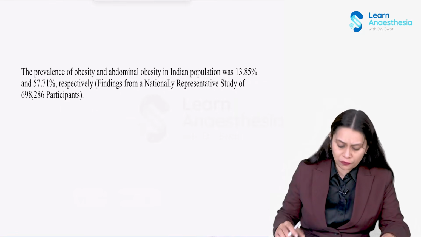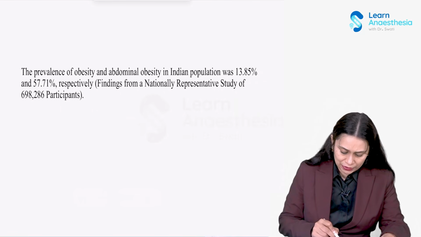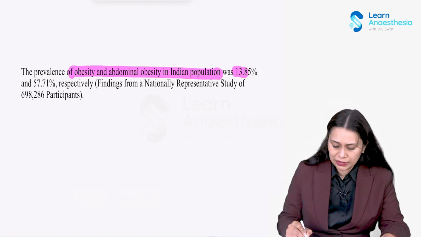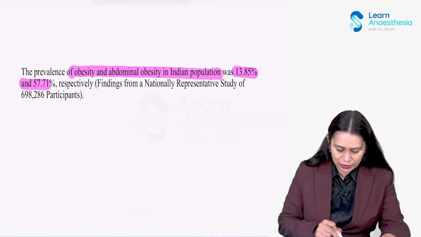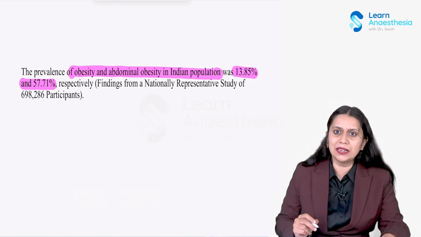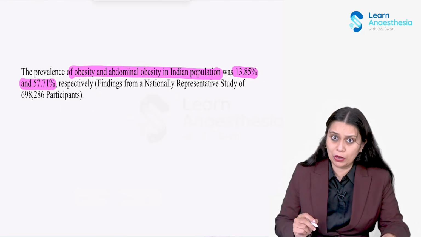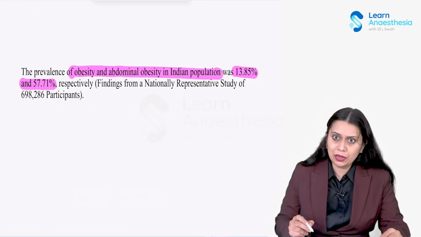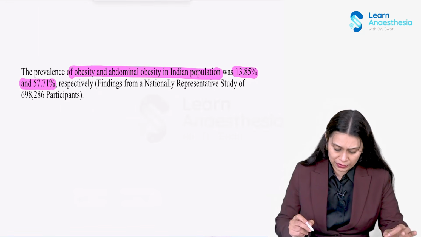The prevalence of obesity and abdominal obesity in India is 13.85% and 57.71% respectively. So we have more abdominal obesity, that is central obesity, which I'll talk about, and that is worse than the other kinds of obesity. So we are more prone to central obesity.